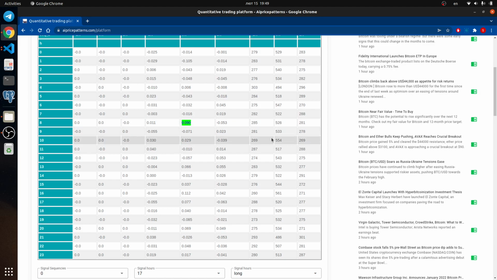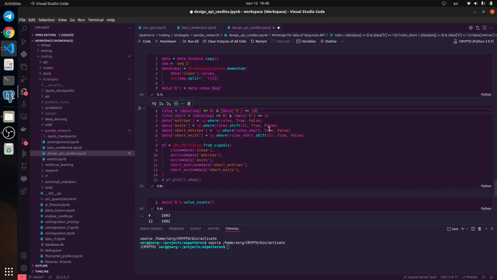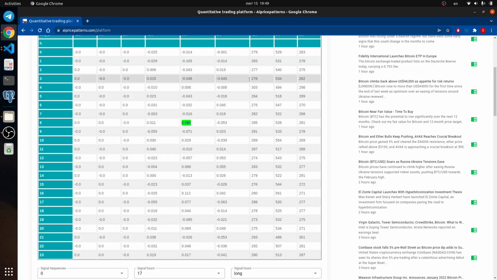Let's test and create a signal 0, and I created a long signal, and I would like to create some short signal. Yes, it's very interesting information at night, because at night in the Asian session we have different behavior, and we could use this information.